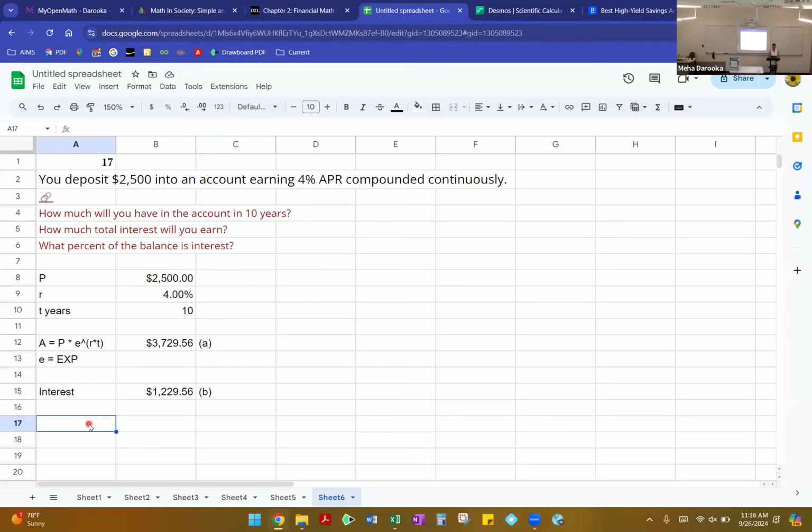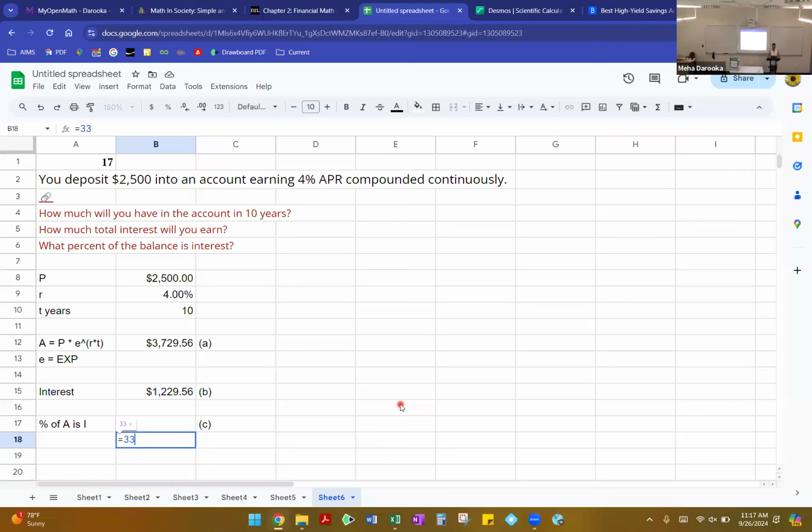And then part C was what percentage of the balance, which is A, is going to be the interest? Does anybody have that number? What percentage of the balance is the interest? Anybody wanna guess? I'm not asking you. I know the answer. I plugged in the right numbers this time. Should be 33%.